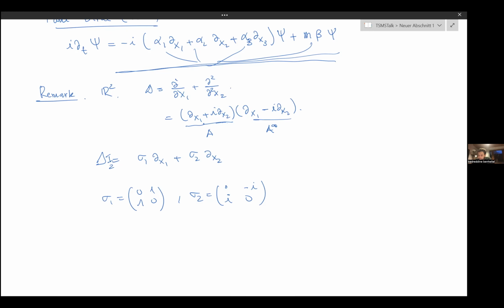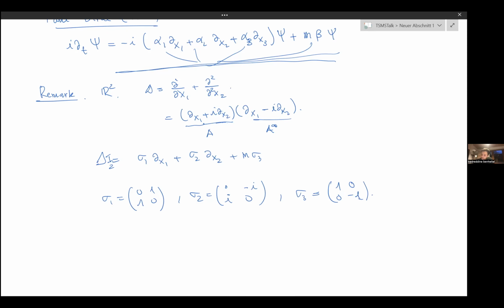Now the problem is that, be careful, we still have the mass. In 2 dimensions, we can add the mass by taking m sigma 3, where sigma 3 is 1, 0, 0, minus 1.